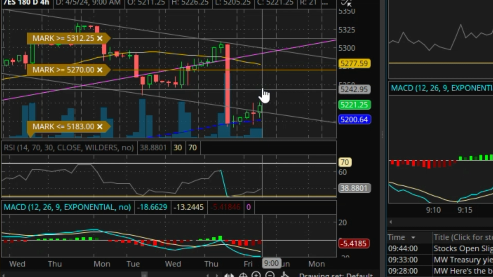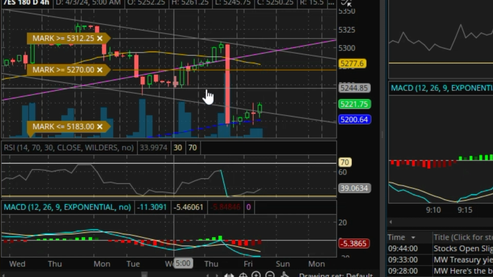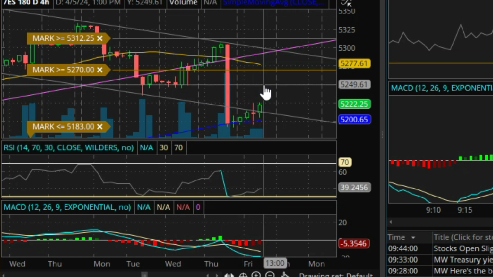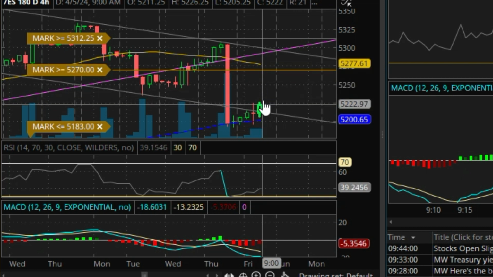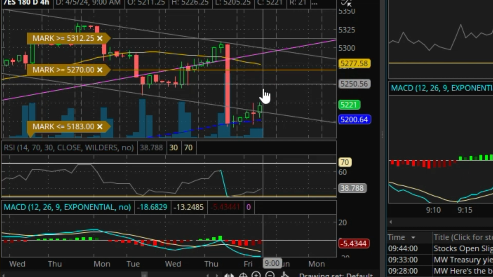So that would be a pretty good indicator of where I think it's probably going to go. Is 52.45.80, somewhere about in there, or 52.50, something like that. Because remember, the candles are going to go up and the SMA is coming down.